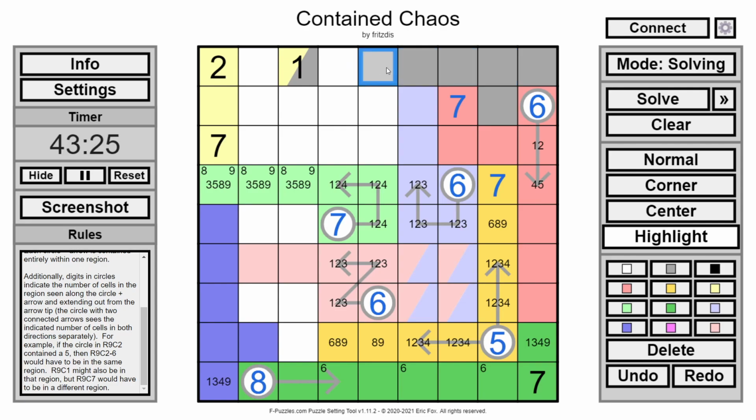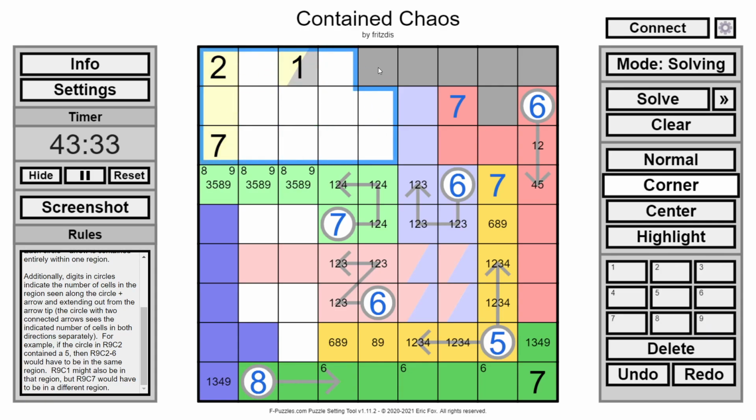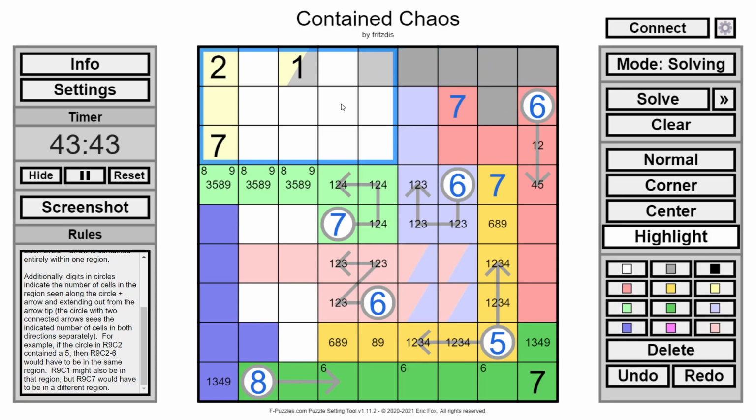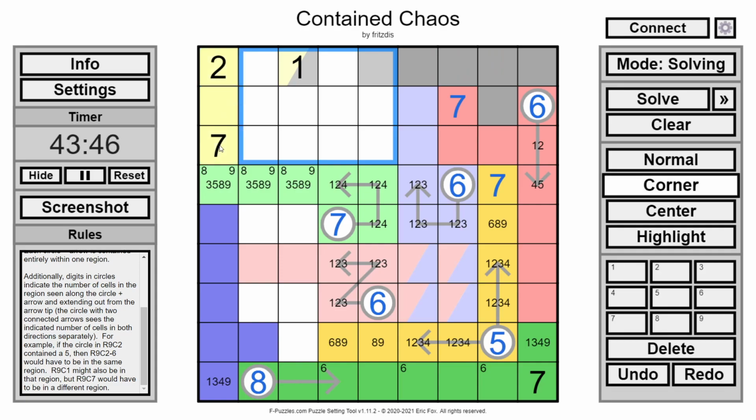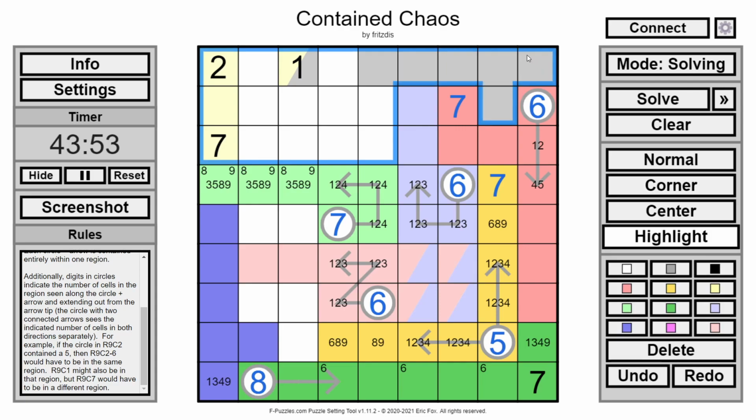How many is that? That's 6. So it needs to take 3 more cells from here. How many is this? This is 14 cells, 3 by 5 minus 1. I guess we could count, we have 3 by 5 here. So that's 15 cells, plus 5 more, that's 20. We have 2 full regions in here, so that's 18 cells. So 2 cells in here are going to be claimed by either light blue or light green.